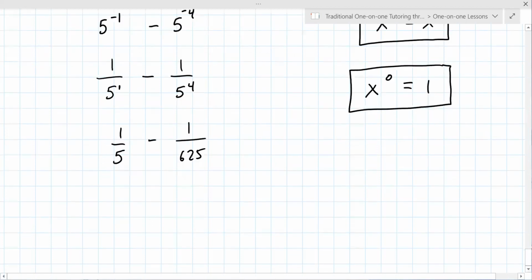Is it 1 over 2,500 minus 5 over 2,500? If 5 to the 4th is 625. Five to the 4th equals 625.